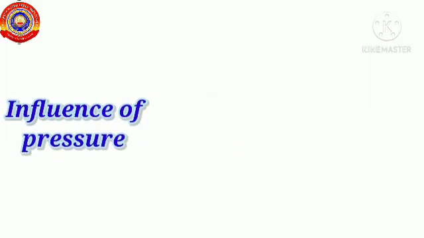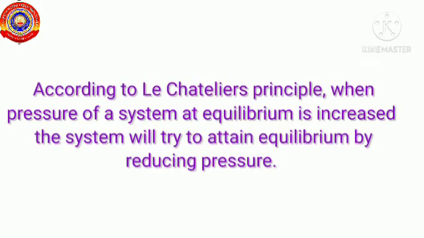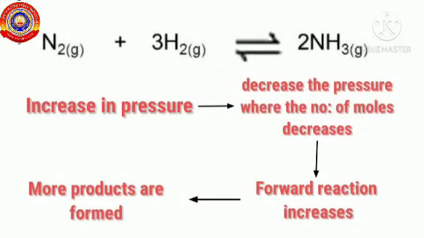Today we discussed the influence of pressure on the chemical equilibrium of ammonia and hydrogen iodide. According to Le Chatelier's principle, when the pressure of a system at equilibrium is increased, the system will try to attain equilibrium by reducing the pressure. In the case of the manufacture of ammonia, as the pressure in the system increases, the system will try to reduce the pressure where the number of moles decreases.